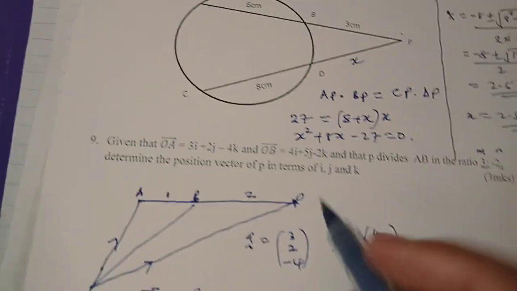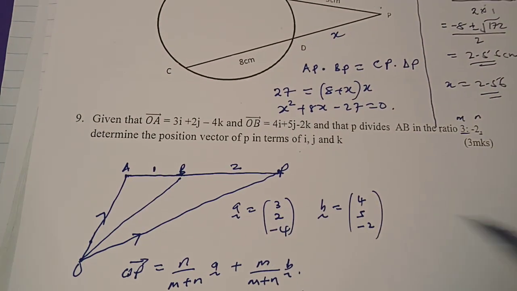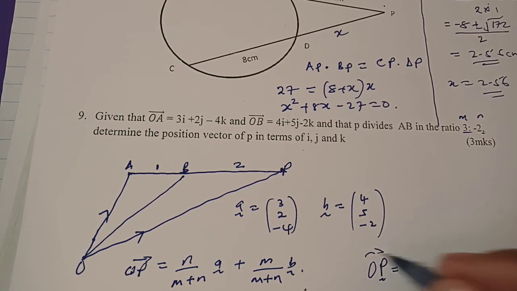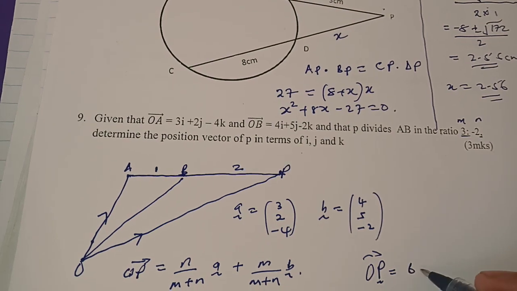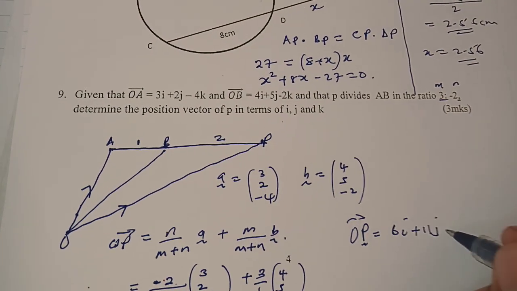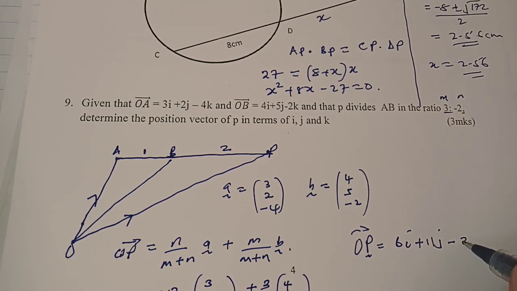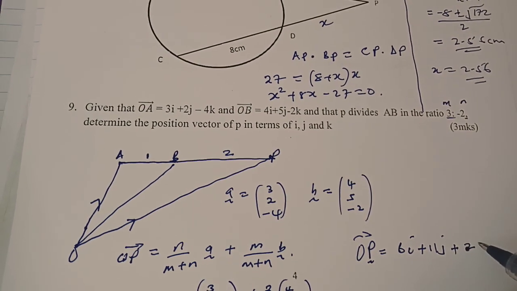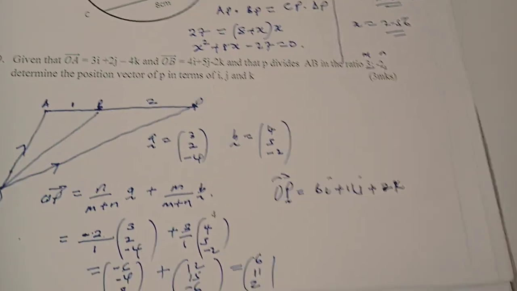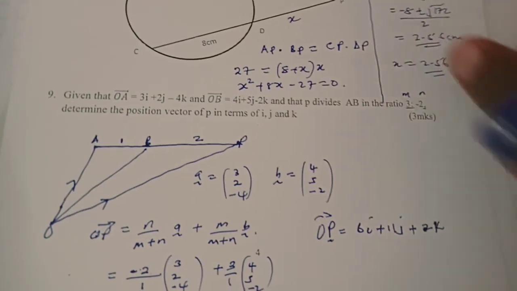Okay, we are supposed to leave our answer as a position vector, so OP should be 6i plus 11j, and it should be plus also, plus 2k, right? That makes sense, right? Good.